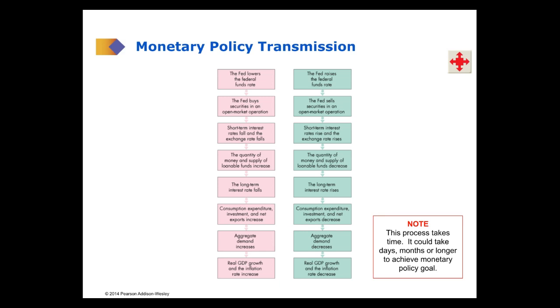Now, one of the things to notice about this is that it's a long process with many steps, and you don't really have control over all these steps. You're just trying to affect things from a distance, and the result is this process takes a lot of time. It could take days or months or even longer, maybe a year or longer, to achieve monetary policy objectives.